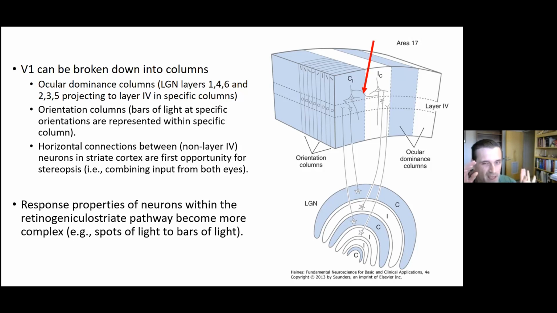And you'll notice that the images are slightly different. But what the brain does is it combines both images, and there's crosstalk that allows you to perceive the world stereoscopically in 3 dimensions.